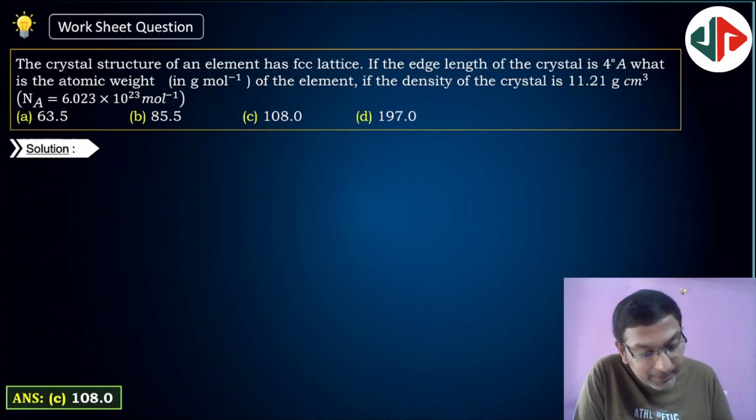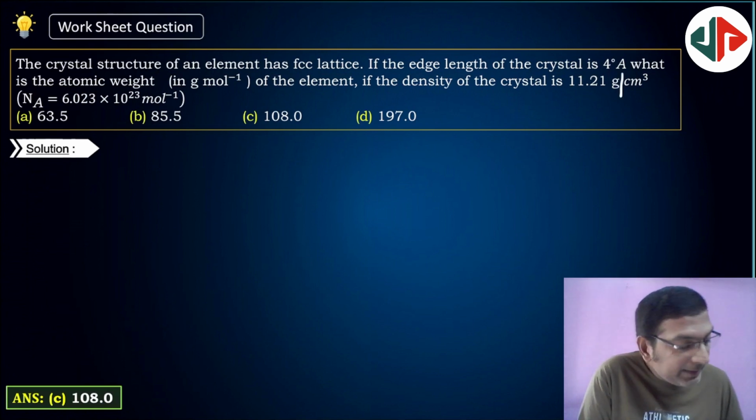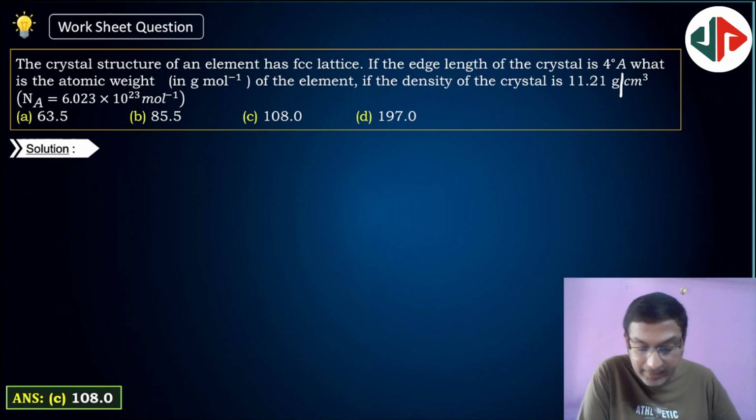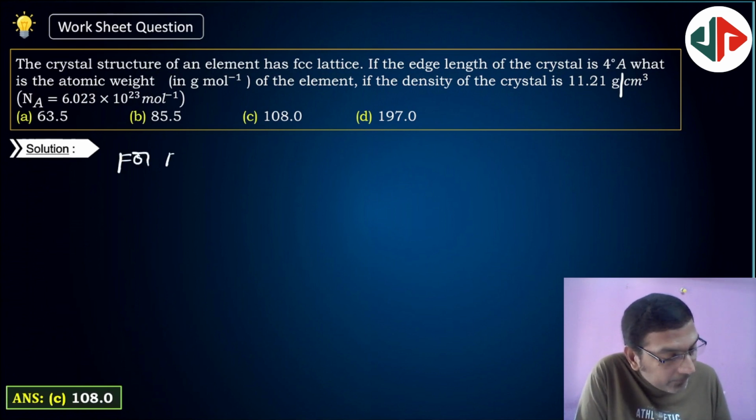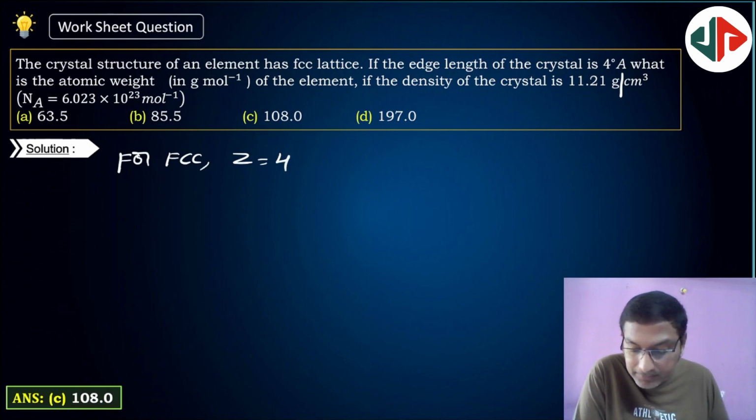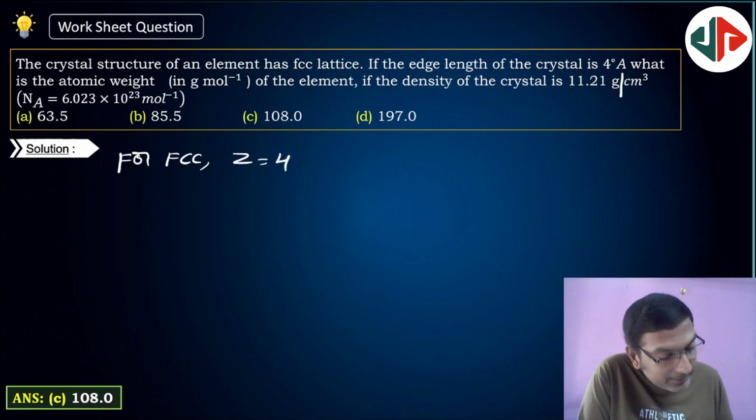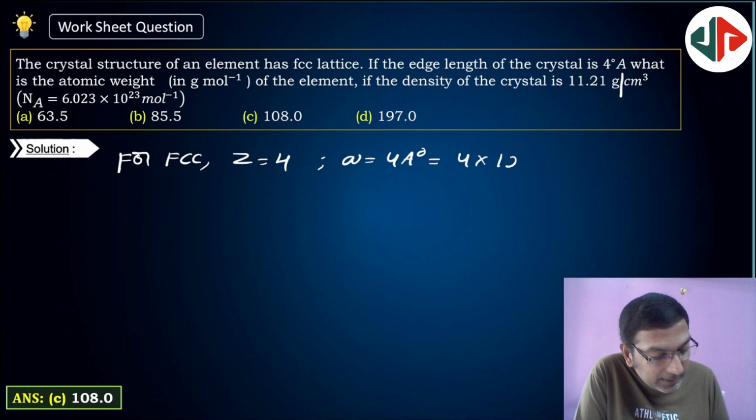Na is 6.023 into 10 power 23. For FCC, effective number of atoms equals 4. A is 4 angstrom units, that is 4 into 10 power minus 8 centimeters.